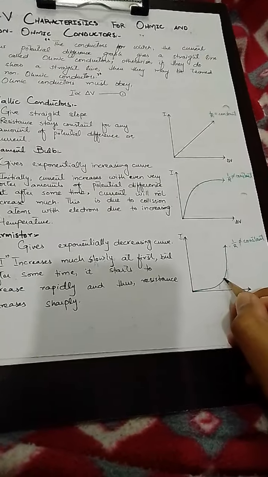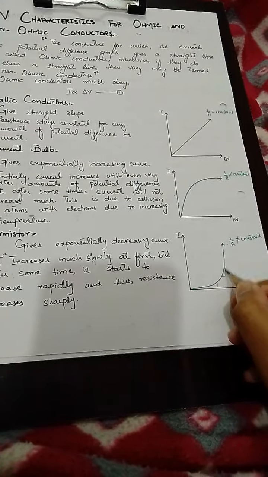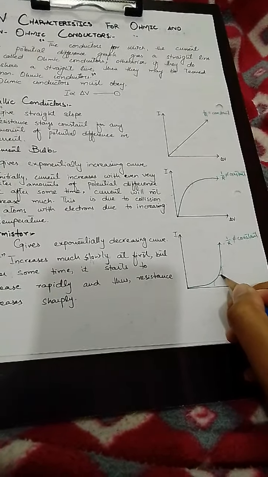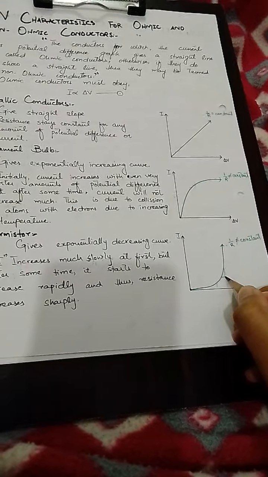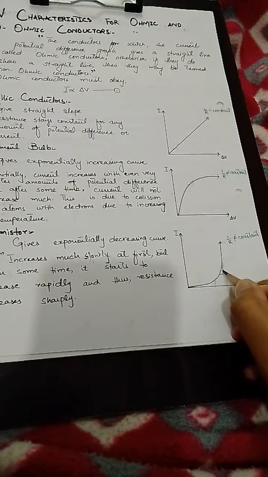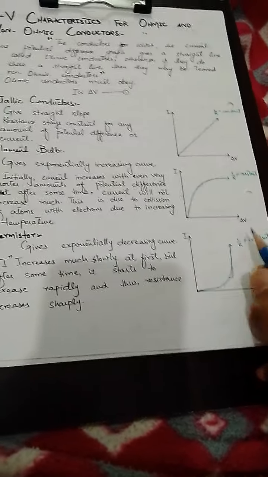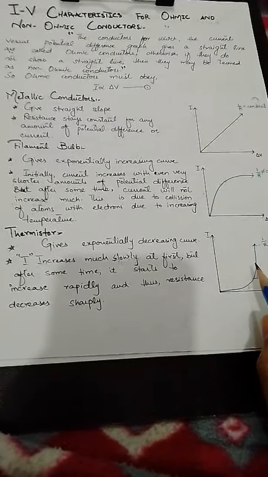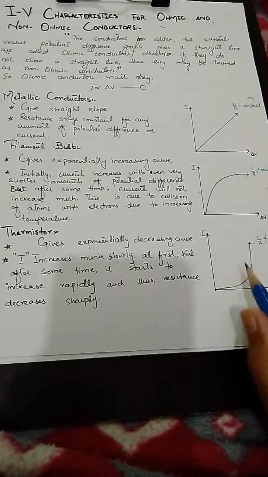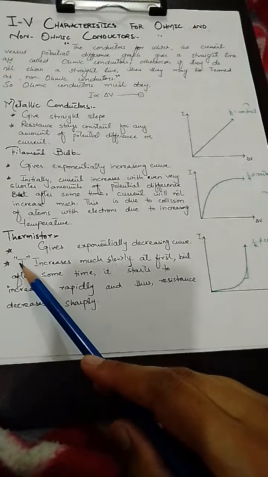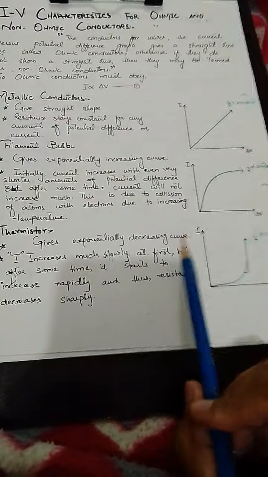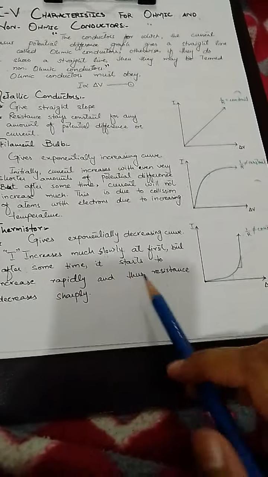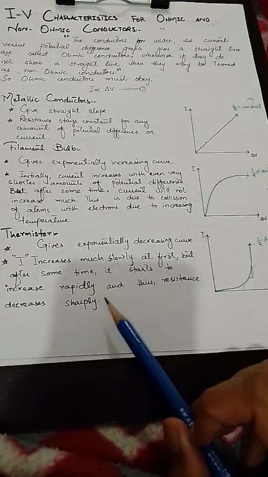You can see how small this line is and how big this line is. So in this case even a small increase in potential difference will produce a larger amount of current over here. This type of graph is called an exponentially decreasing curve. Here I increases very slowly at first, but after some time it starts to increase rapidly and thus resistance decreases sharply.